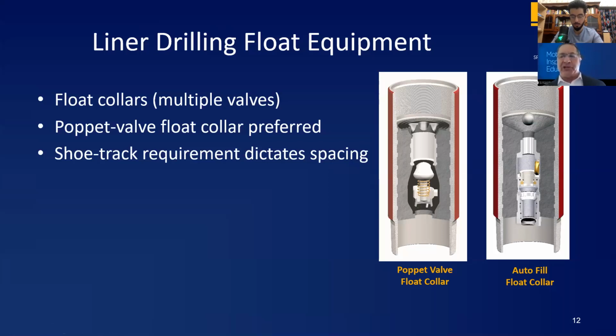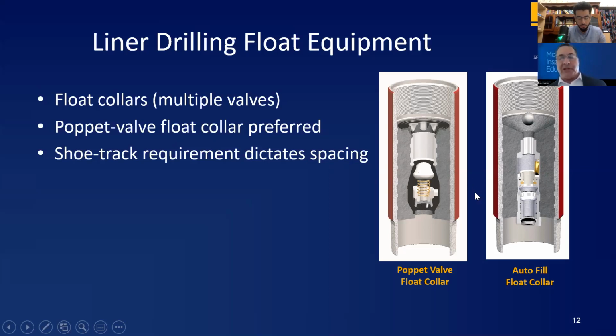I've personally seen this in 2 liner drilling jobs with the higher mud weights. It gets eroded away, and that coupled with the fatigue failure of the valve, it plugged off everything. We had to pull the liner out of the hole. So the poppet type float collars, just by the look of it, they stand up to liner and casing drilling a lot better than the autofill.